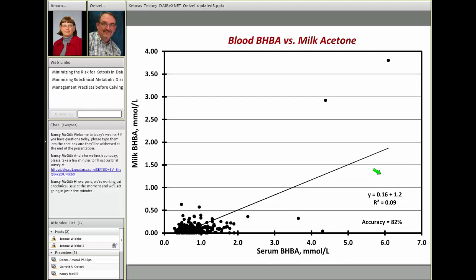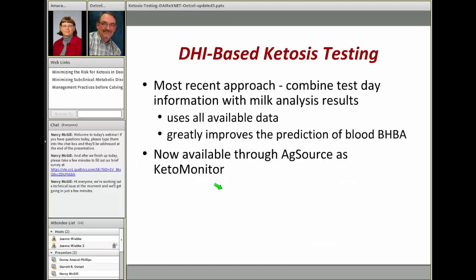Milk acetone is another one that can be done. And so, this equipment, this DHI processing center, can be calibrated to do that. Our accuracy has gone up, the R-squared is still pretty low, but the research in the literature says that milk acetone is a little better than milk BHBA. Our data would support that, but still not really good enough.